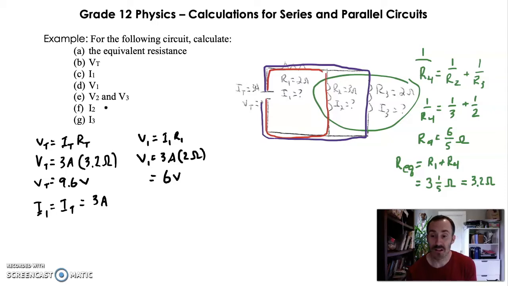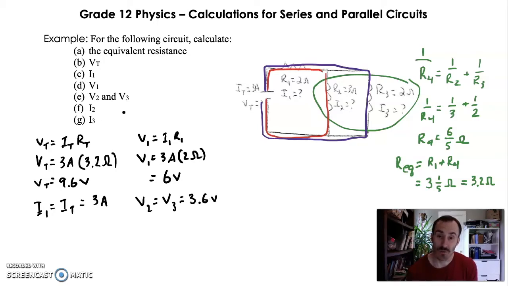And so that means V2 and V3 are both going to be that remaining 3.6 volts, because 3.6 volts has to drop here, and in the purple path, 3.6 volts is left to drop here. And so V2 equals V3, which equals 3.6 volts.